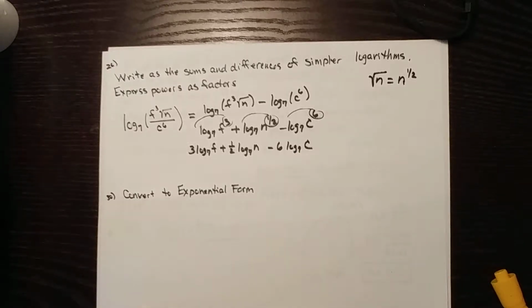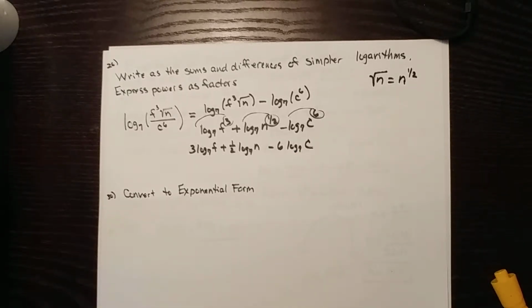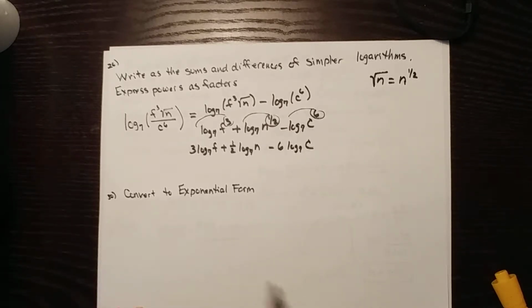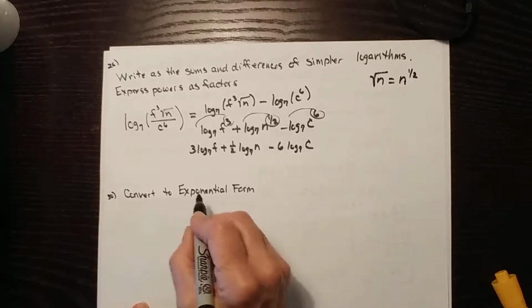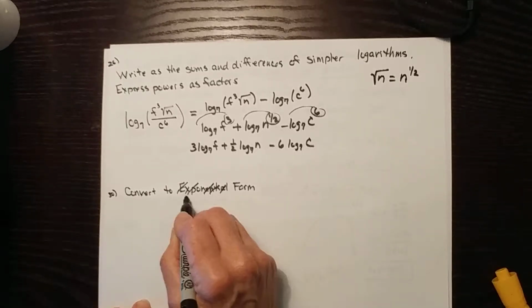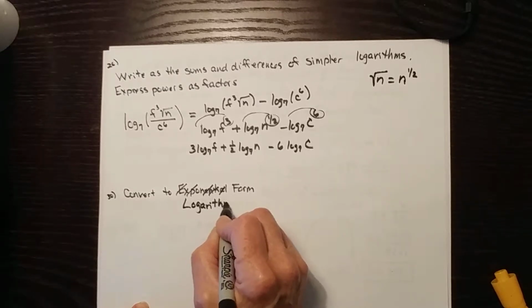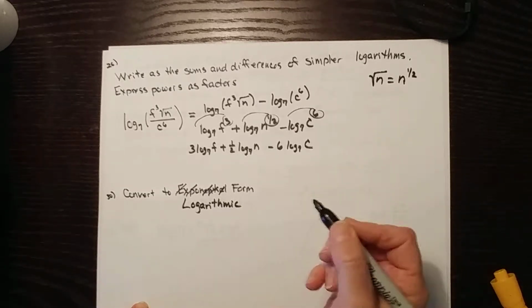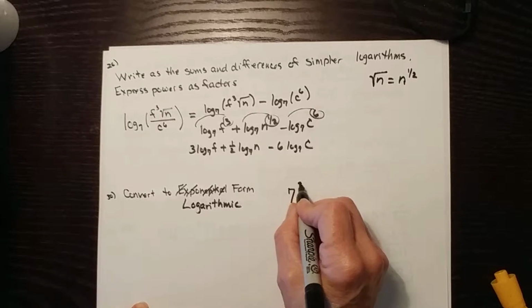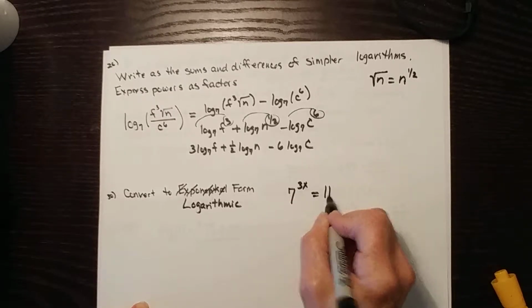All right. And then down here, I believe there was a question about how to convert an exponential equation into logarithmic form. And so this should say convert to logarithmic form, because you're presented with 7 to the 3x is equal to 11.